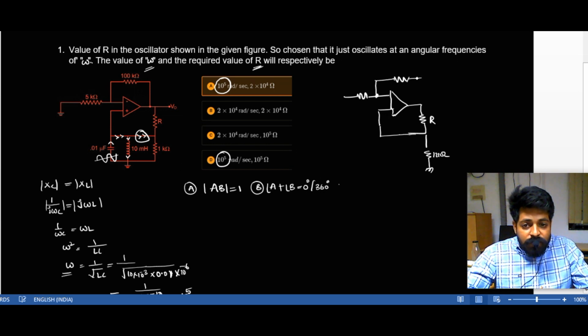Once I get a simplified circuit, putting in these Barkhausen conditions and solving them will be easy for me. So that's what I'm trying to do. This is what my output. This is around 100 kilo ohms, and this is around 5 kilo ohms to ground.